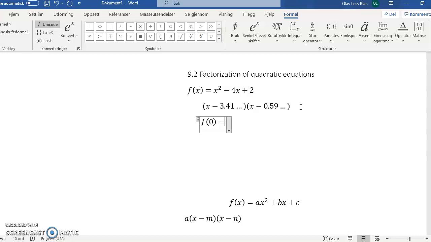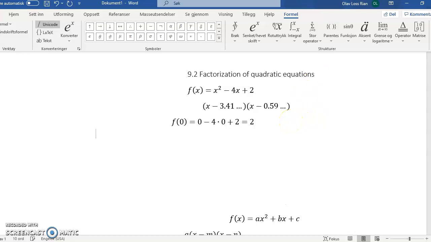We have 0 to the power of 2, which is 0, minus 4 multiplied with 0, plus 2, which is indeed 2.